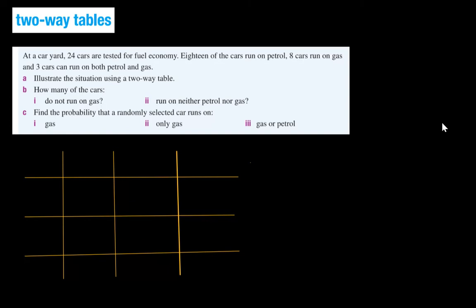So we need to populate this two-way table. So the first one, we're going to do gas and petrol. Now, we're not told anything else. So we try and populate by doing not gas, not petrol, and we're going to have total and a total here.